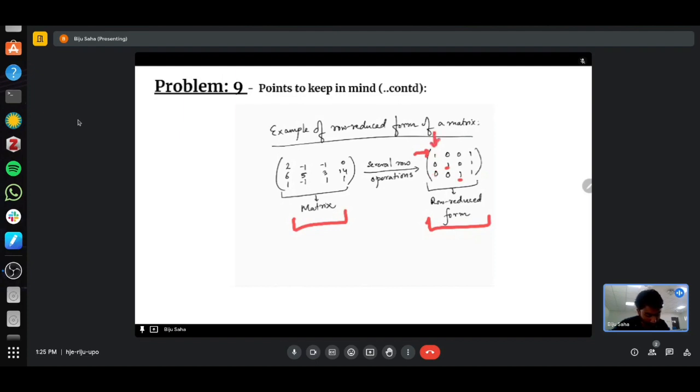This is the column containing the leading entry of row 1, and all other elements are 0. Similarly for row 2, and likewise for column 3. Also you see the leading entry moves to the right as you go from the first row to the second to the third. That is the row reduced form.